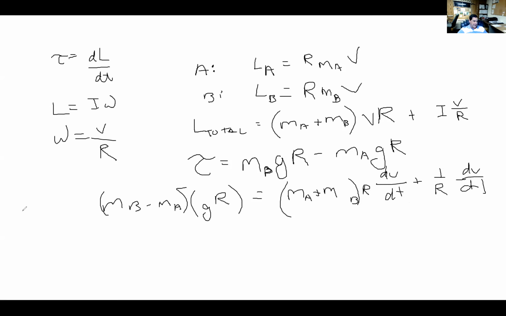And we know that acceleration is dv/dt. So that gives the acceleration for that simple Atwood machine.